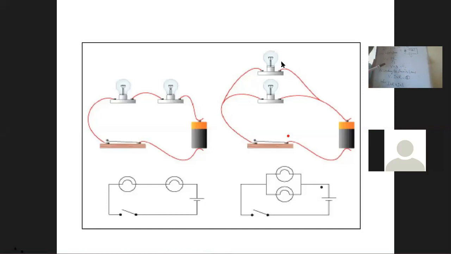So if W is the amount of work done in carrying Q charge from the positive potential to the negative potential, then according to the definition of potential difference, V is equal to work done upon quantity of charge Q. So work done is equal to V into Q.